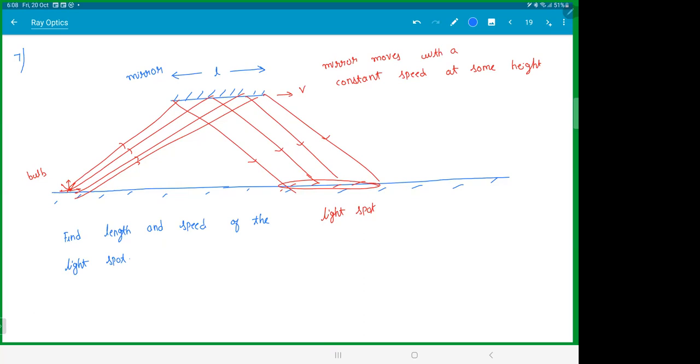Would the length be a function of L? If you think it will be a function of L, do that. Assume some length and then try to solve.